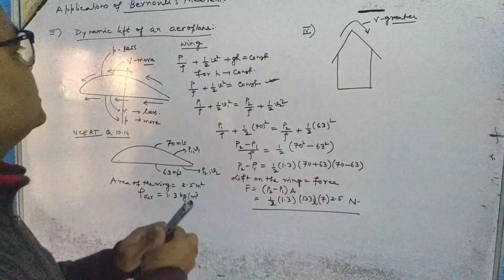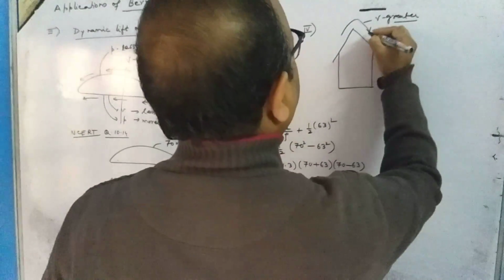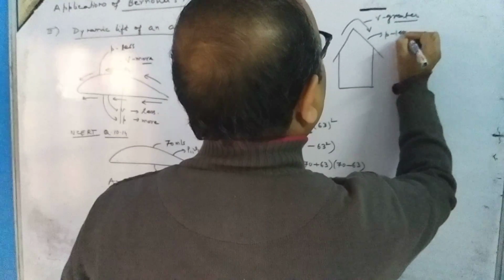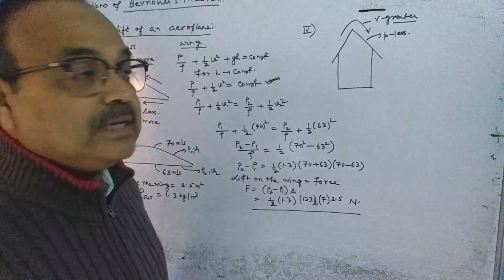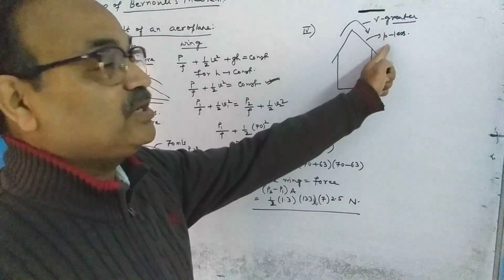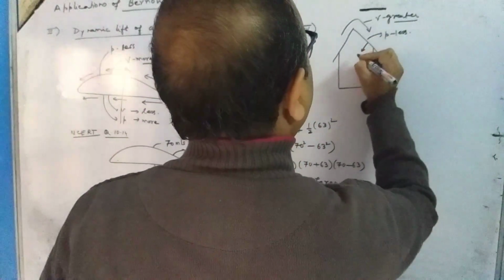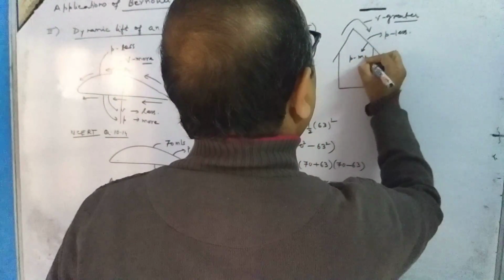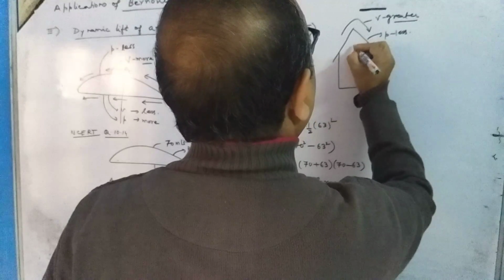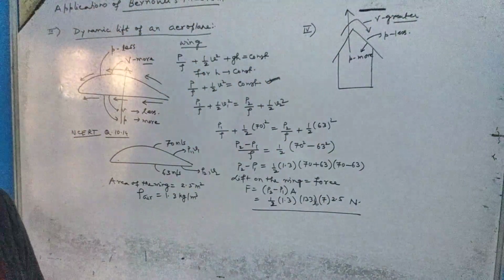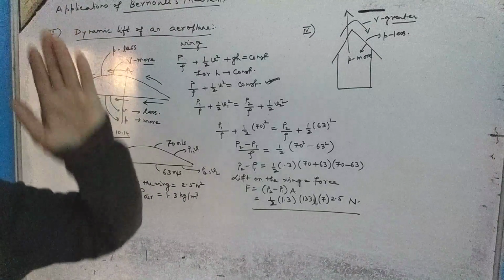So according to this Bernoulli's theorem application, here the pressure will be less. Velocity is greater, pressure is less. Here the pressure is more inside. इसमें pressure क्या होगा? More होगा. So what will happen? It will be moved from greater pressure side to the less pressure side. That's why it is blown off.